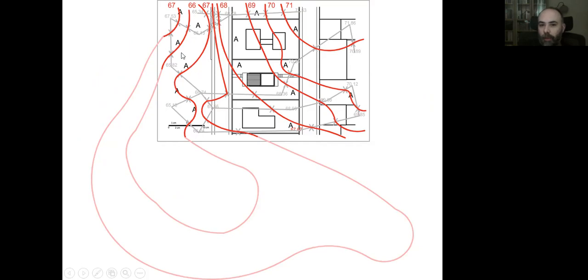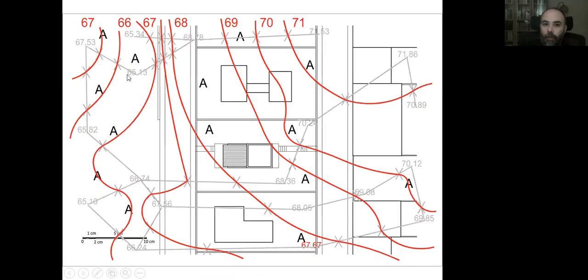So I think that they are separate lines. However, they are not. They are just turning like this. And again, this is the same line, just two portions of it. So that's why we have two 66s and two 67s like this.